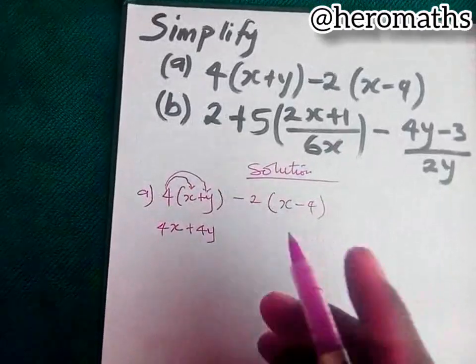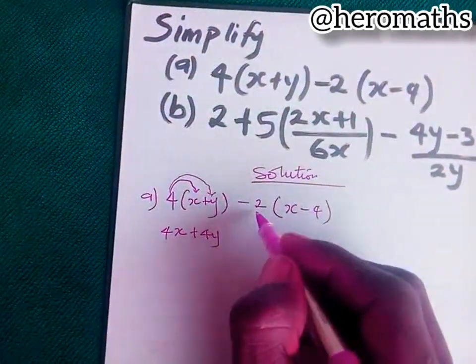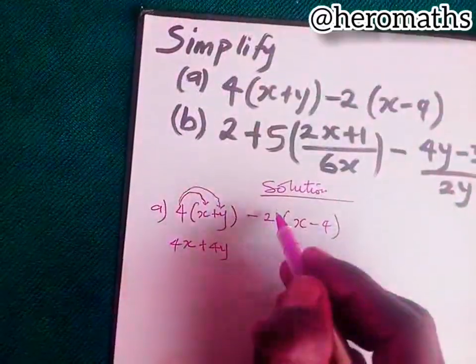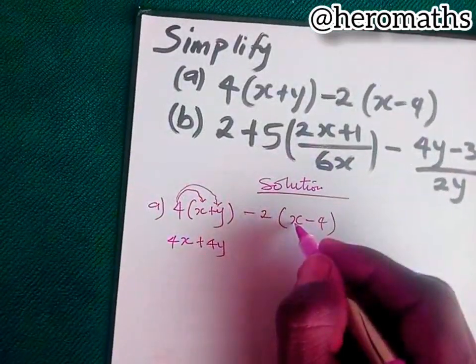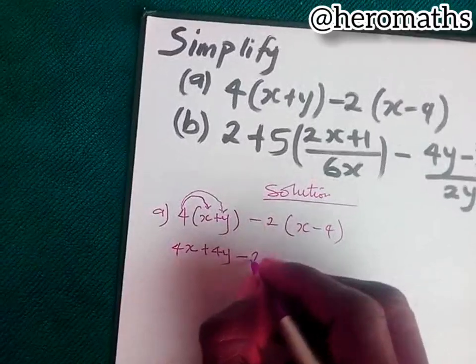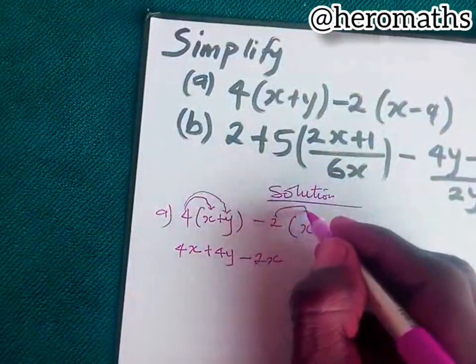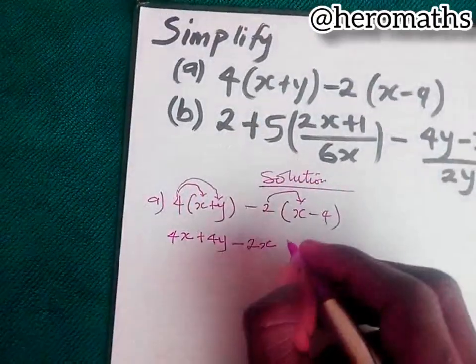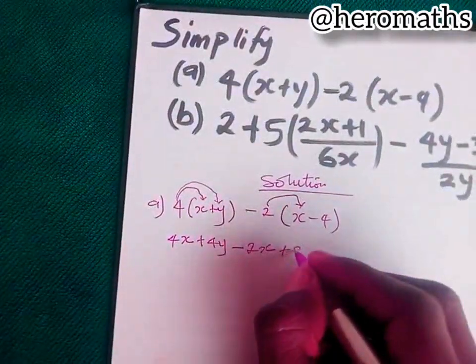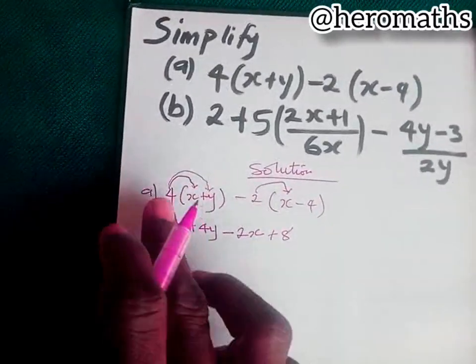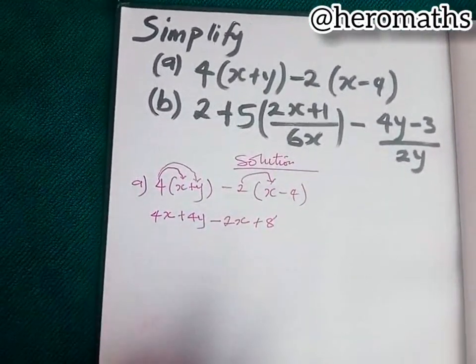Now coming to the second one, this is negative 2. Negative 2 times x will give us minus 2x. Now negative 2 again will multiply negative 4, and that will give us positive 8. You can see that we have opened the bracket successfully.